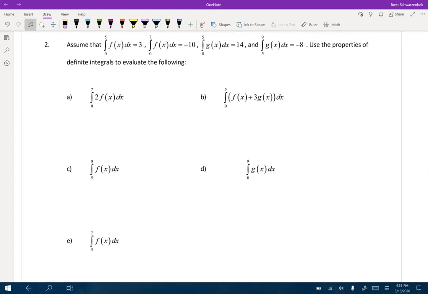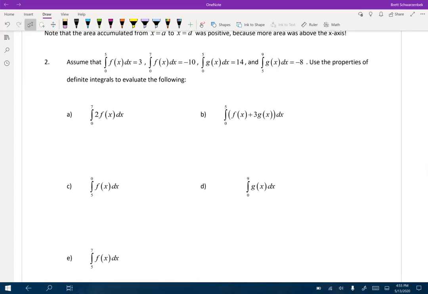All right, so let's take a look at how these properties actually come together. What I gave you up top was a bunch of given information. So what do you know? You know that from 0 to 5 of the function f of x, there's a net area of 3.